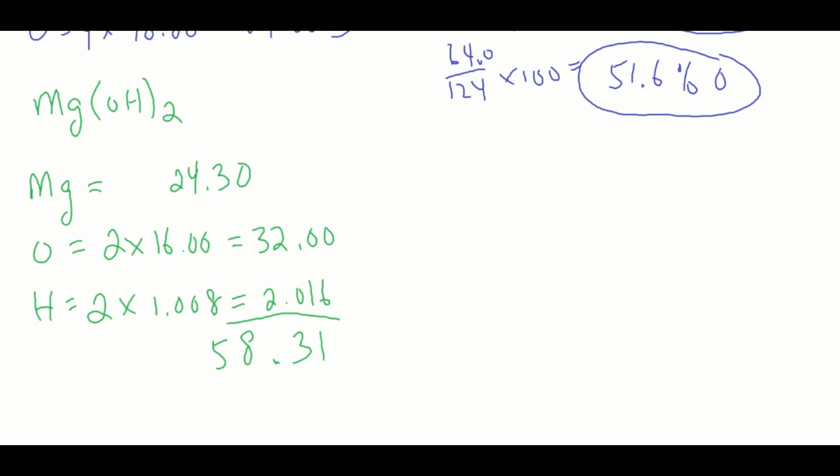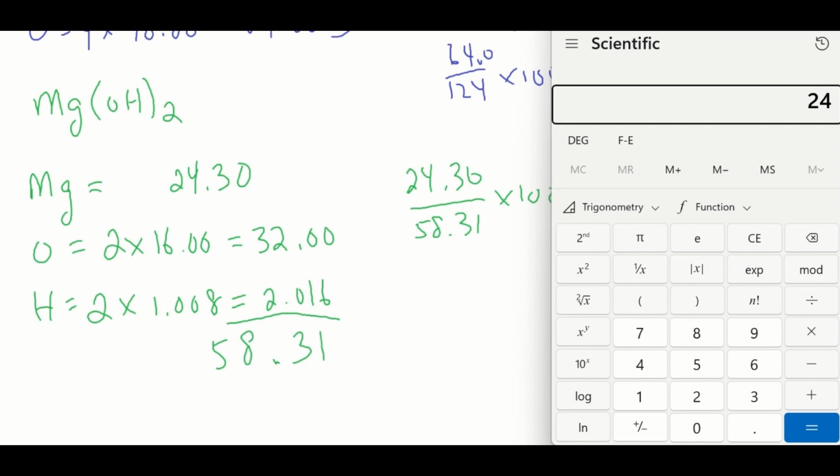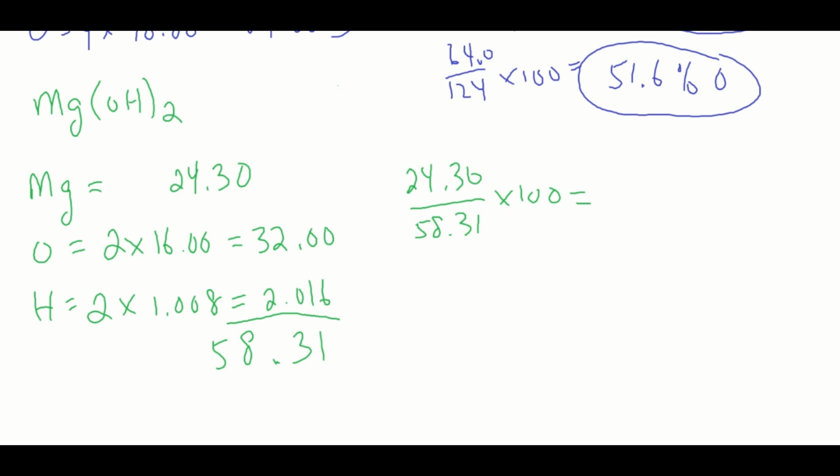So let's get the percent composition by mass for the magnesium component by taking the mass of magnesium over the mass of the compound. 41.7 is the mass percent for magnesium.